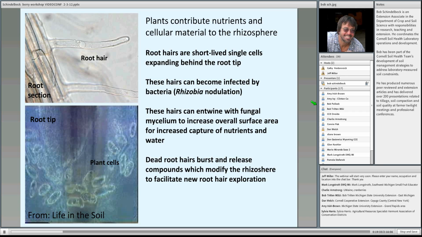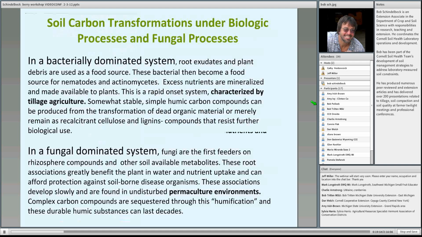Ultimately, these root hairs will burst and release compounds into the soil, again dissolving the soil to release nutrients, releasing compounds that again affect antagonists in the soil, and provide an environment favorable to the next root hair that moves into that zone.